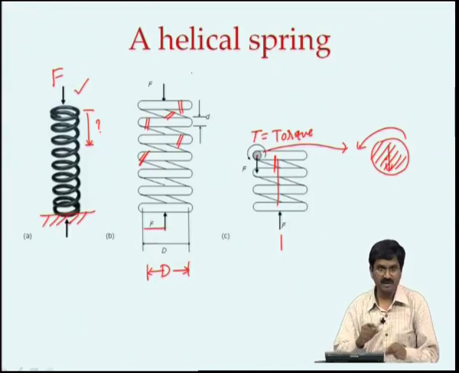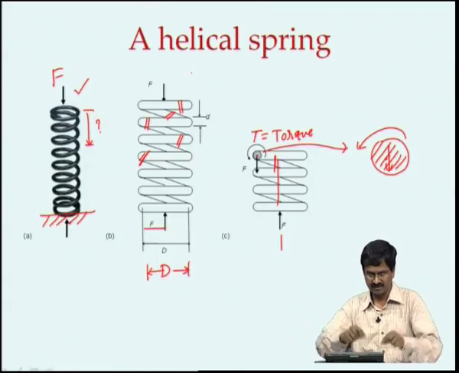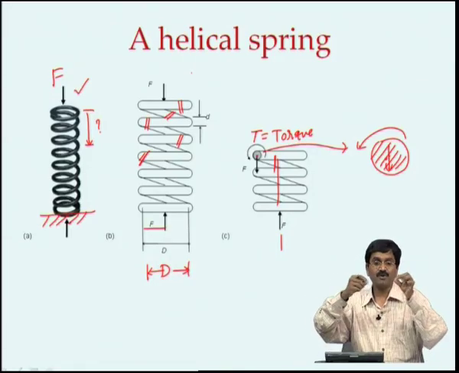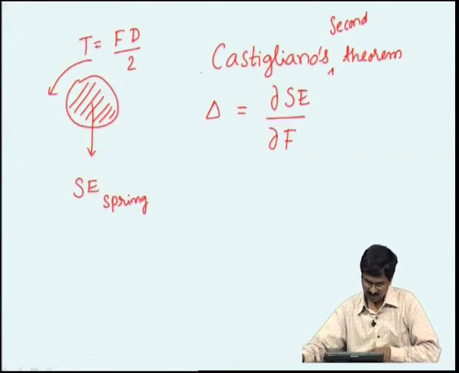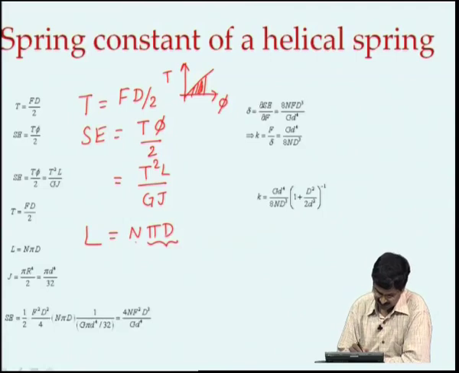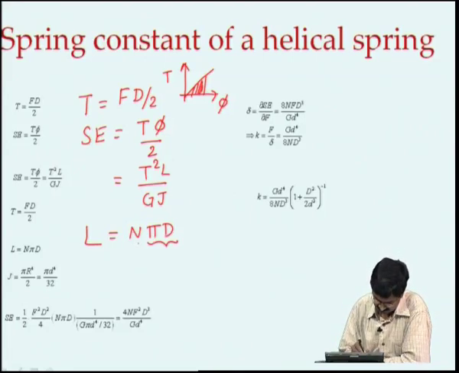If you go back to the string experiment, I want to take the entire length of the spring. If I take this spring and uncoil it, I will get a shaft of length L equal to the number of turns times the periphery of each of the loops, the length of each loop. So, n here is the number of turns in the spring.